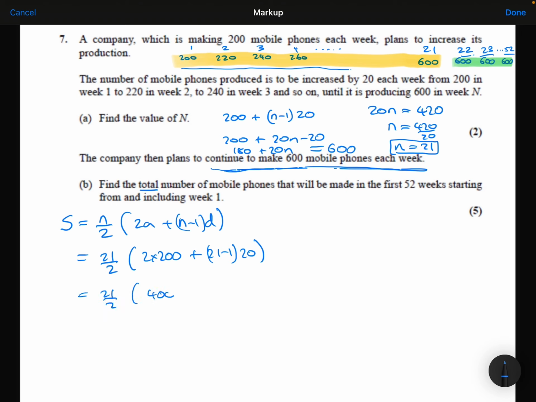So we get 400, then that's going to be 400, so that's 800 times the 21 over 2, which gives 8,400 phones in the first 21 weeks.